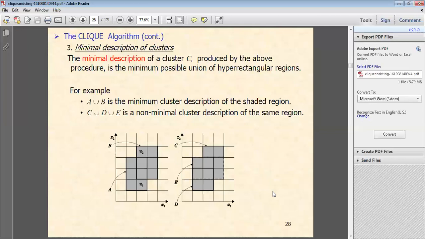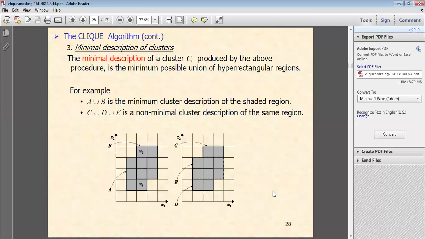But in the case of C union D union E, E is extra because E is covering more area twice than the overlapping region covered in A union B. The rectangles are used to represent that area, but the covered area is larger in C union D union E, so this is not the minimal one. So the minimal description is the set of rectangles which are used and which have minimum overlapped region. So A union B satisfies the criteria, but C union D union E does not.